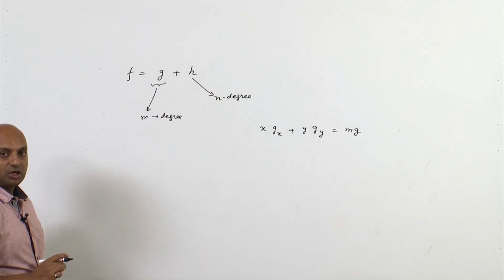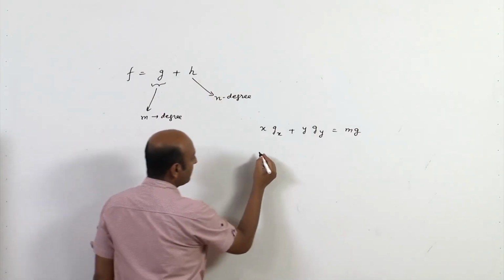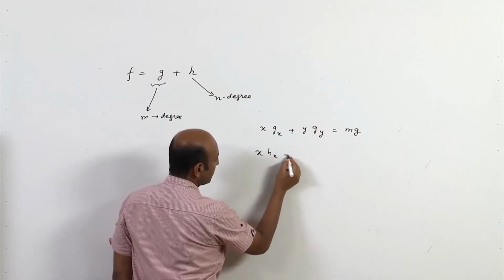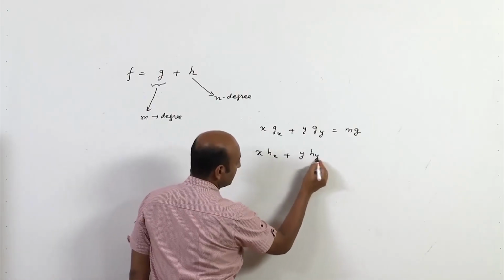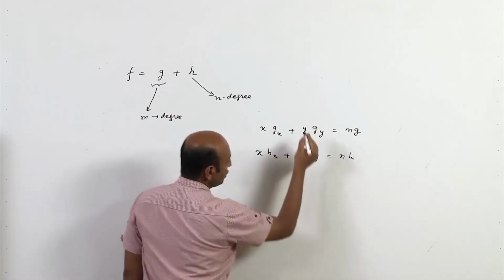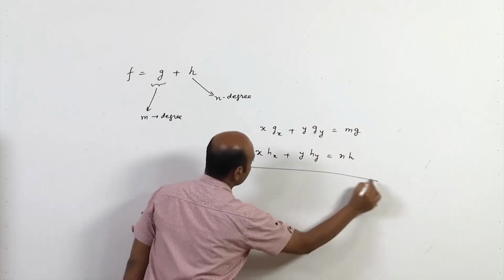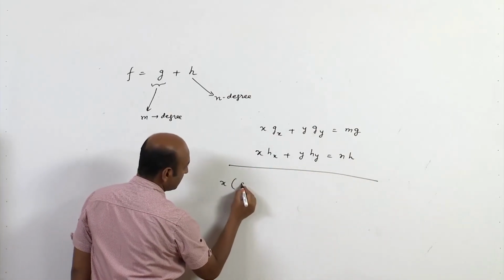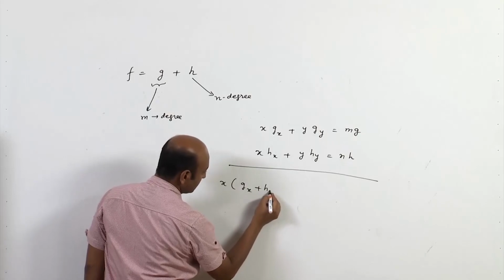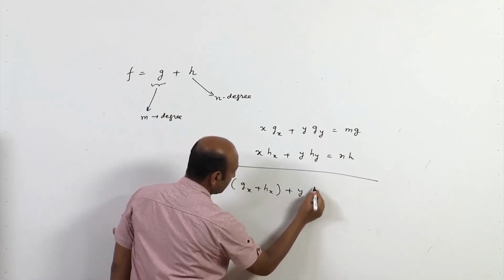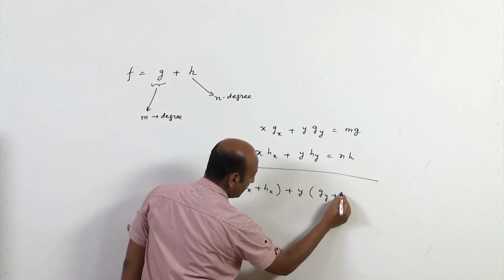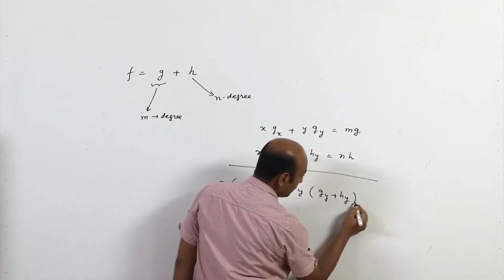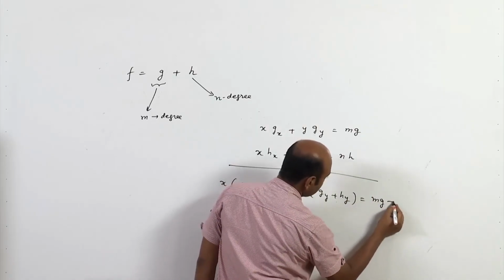So for h, Euler's theorem is applicable. So that will be x h x plus y h y is equal to n h. You add the two equations. When you add the two equations, it is x times g x plus h x, plus y times g y plus h y, and it is equal to m g plus n h.